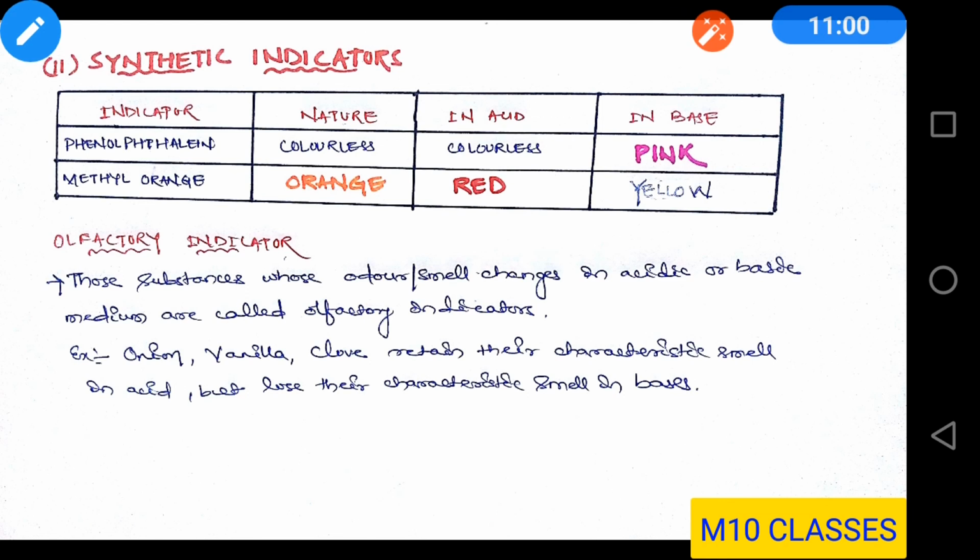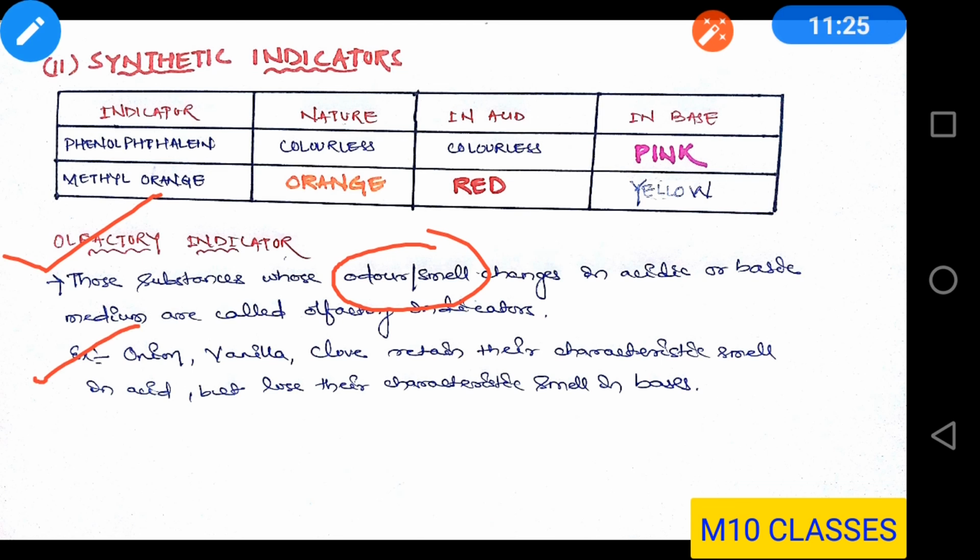Now let us see what is an olfactory indicator. Olfactory sense relates to your smell. That means olfactory indicators are those substances which change their odor or smell in acidic or basic medium, and they are known as olfactory indicators. Now let us consider onion, vanilla and clove.